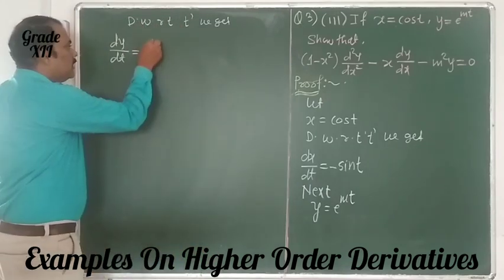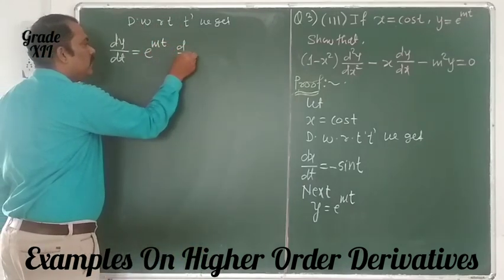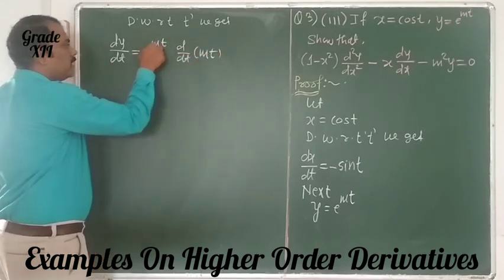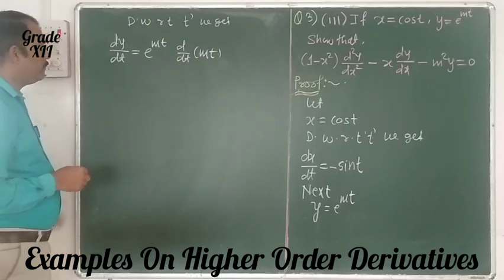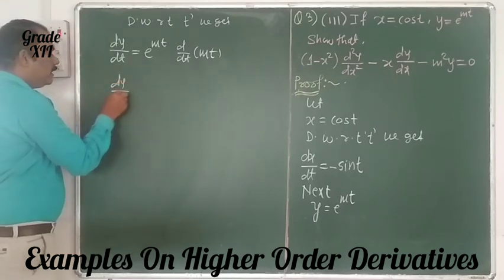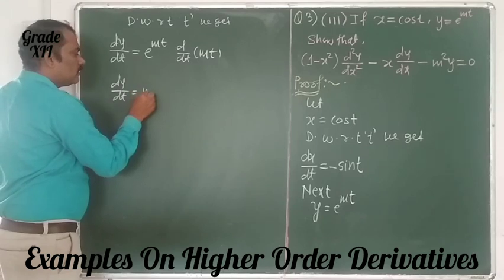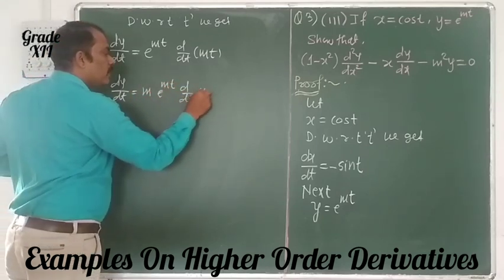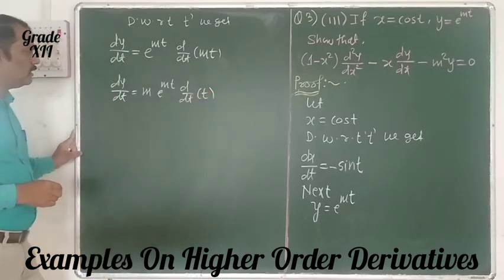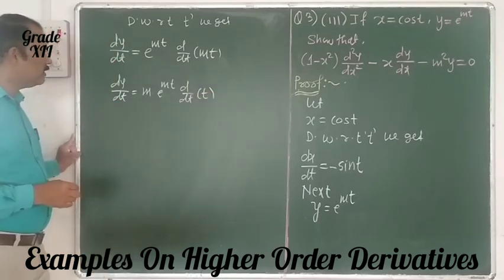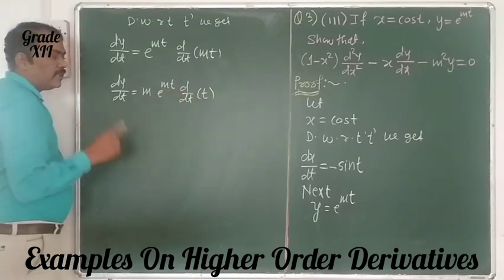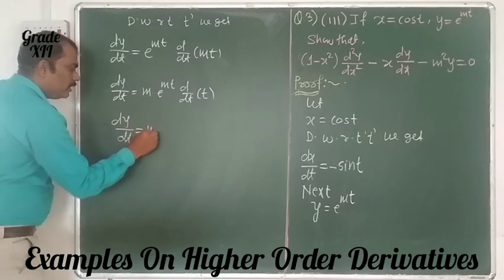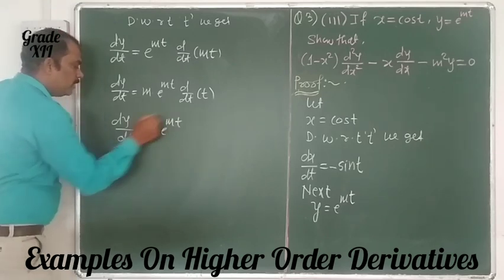As it is, e^(mt) into d/dt of m t. Then we take the derivative of m t. So dy/dt is equal to, here m is a constant, so m e^(mt) into d/dt of t. Since m is a constant, we take it outside. Differentiation of t with respect to t is nothing but 1, so we get dy/dt is equal to m e^(mt).